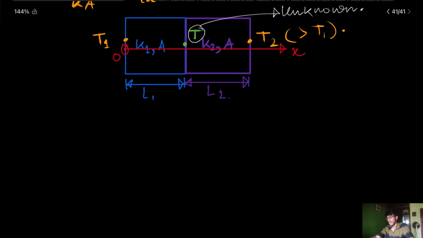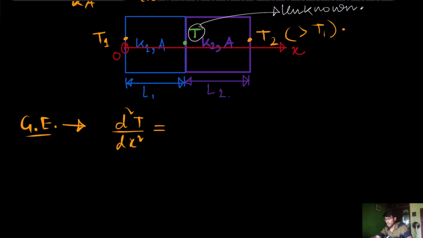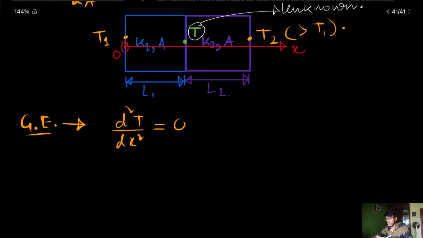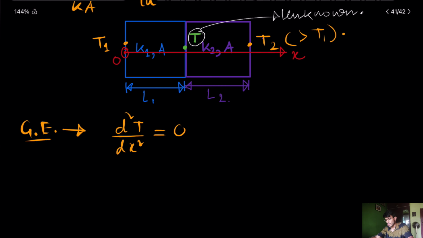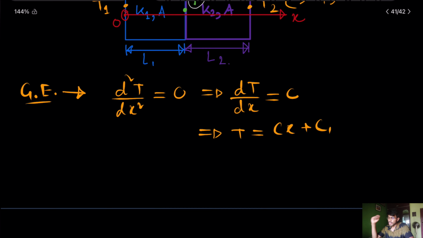Now if I write the governing equation for block 1 and also for block 2, there will be the same governing equation. So the governing equation GE is d2T by dx2 is equal to 0. That means my dT/dx is equal to a constant and my T is equal to Cx plus C1, right?